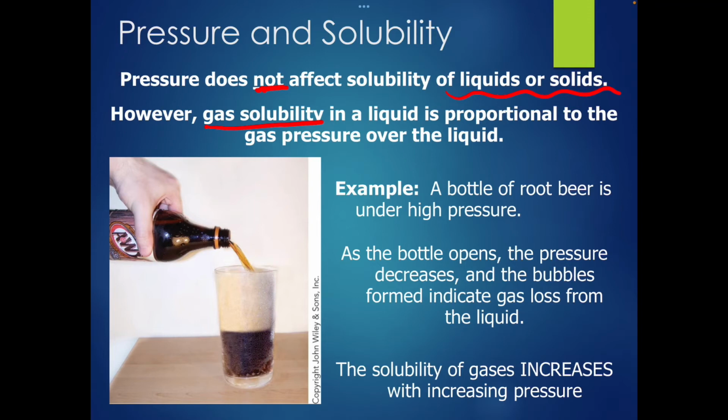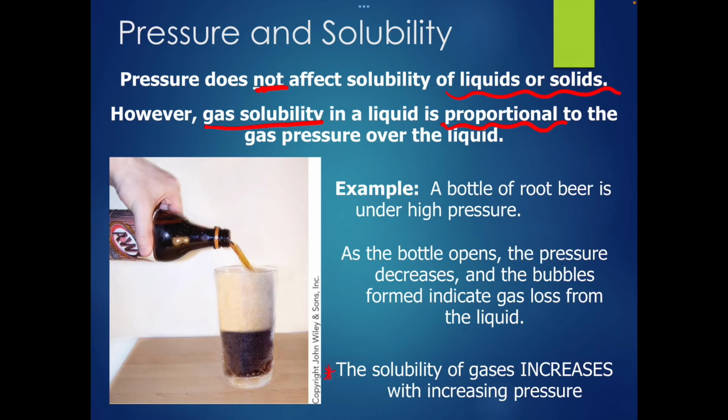But if you keep that cap on or keep that lid sealed, then it's staying under pressure, and that pressure essentially forces that carbon dioxide into the liquid. So we want high pressure for high solubility. That's why we say it's proportional. We will get a higher solubility of our gas if we have a higher pressure. If you release the pressure, then all of that gas can leave.